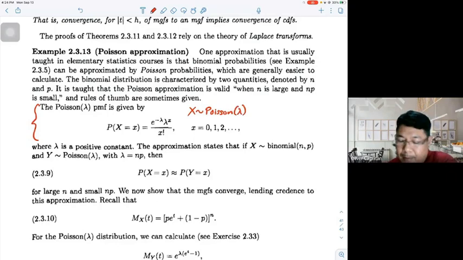So the approximation states that, ito ngayon yung gagamitin natin, no? Itong x na to, hindi itong nagre-refer, just an illustration of the probability mass function of the Poisson distribution.